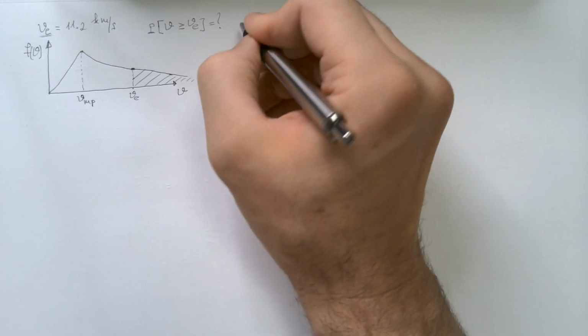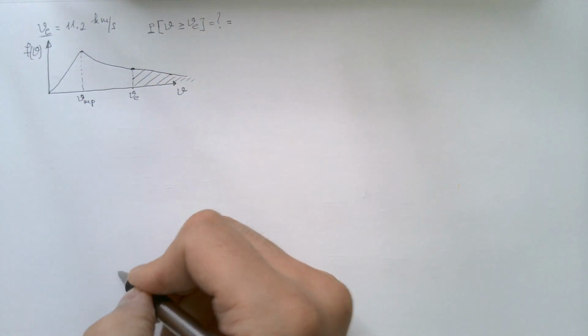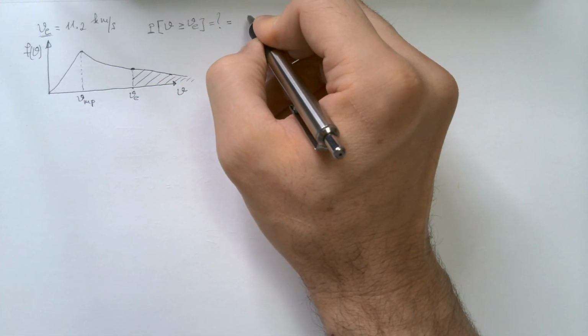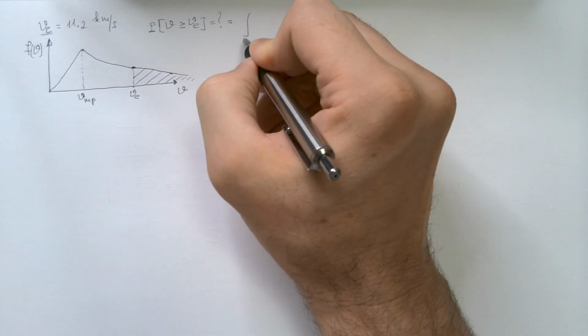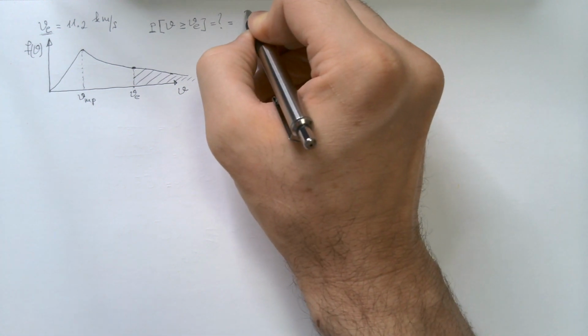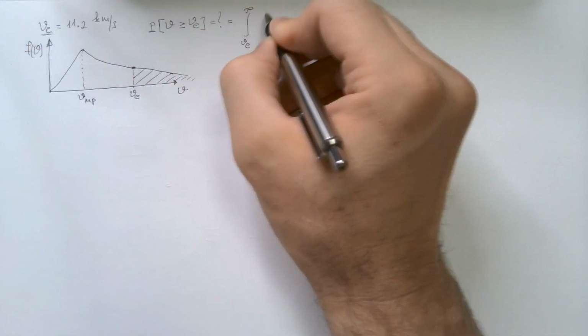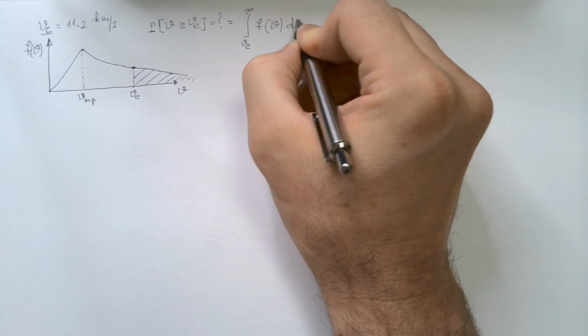So let us do that. If we continue this expression, what I just said is that we need to find the integral between Ve and positive infinity of this probability density function f of v dv.